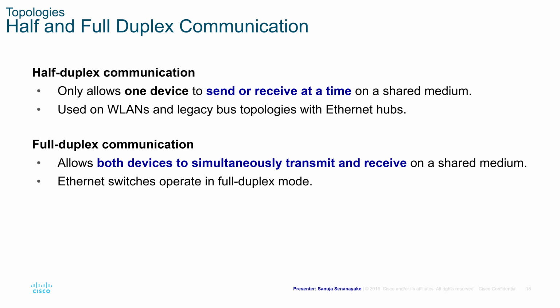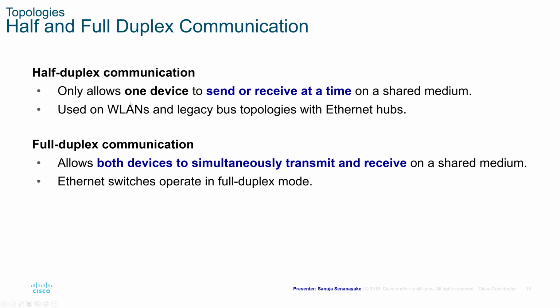Half duplex is used on WLANs, wireless LANs, and legacy bus topologies with Ethernet hubs, while full duplex is used by Ethernet switches that operate in full duplex mode, including routers, switches, and everything else. The reason we still talk about half duplex is that WLANs, which are wireless communication systems, use half duplex communication.